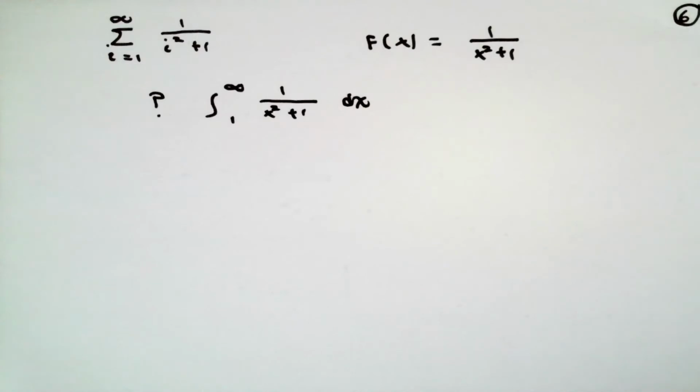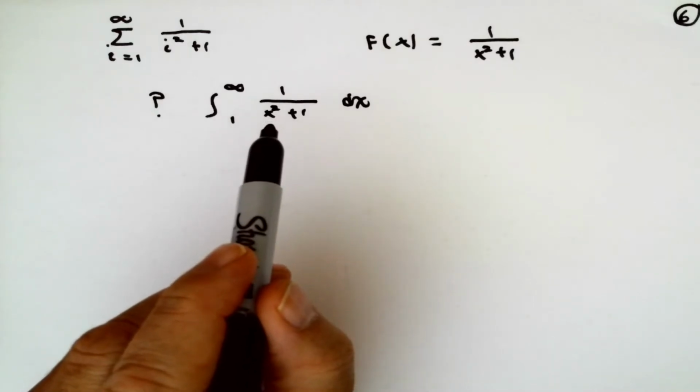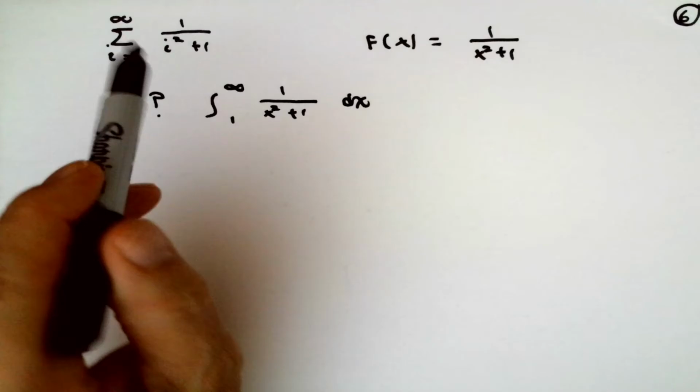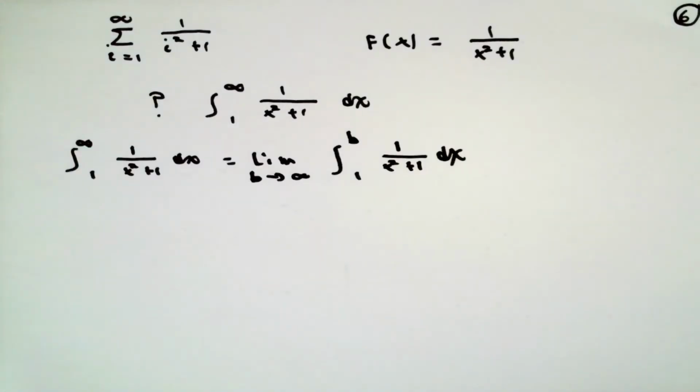Having checked that the setup for the integral test is okay, I need to look at this improper integral. If that integral converges, it tells me that my infinite series converges as well, and if the integral diverges, then the series diverges. I have to keep in mind there is no such number as infinity.